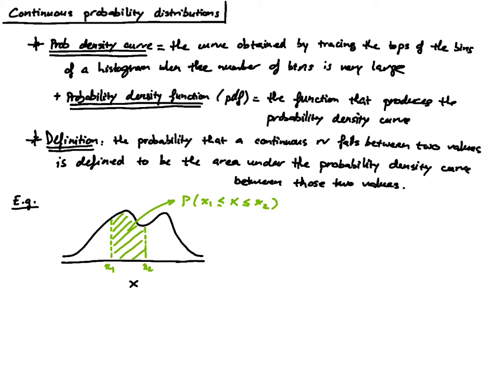Now this definition has a very important implication, which is that the probability that x is equal to a particular value x sub k is always 0.